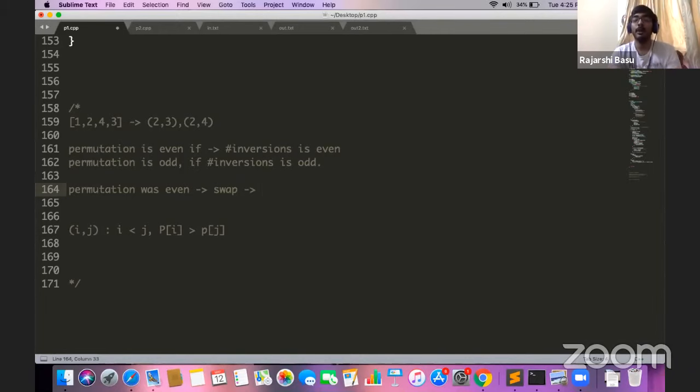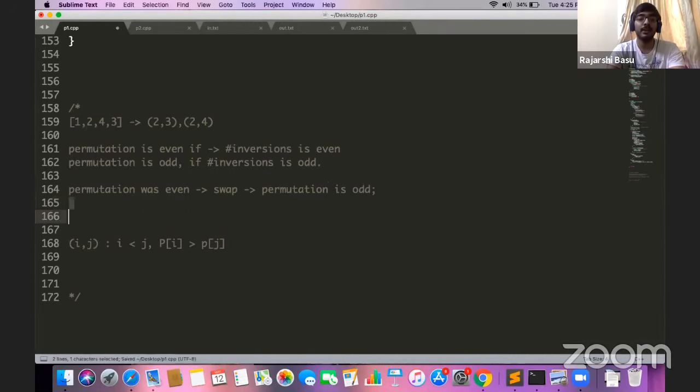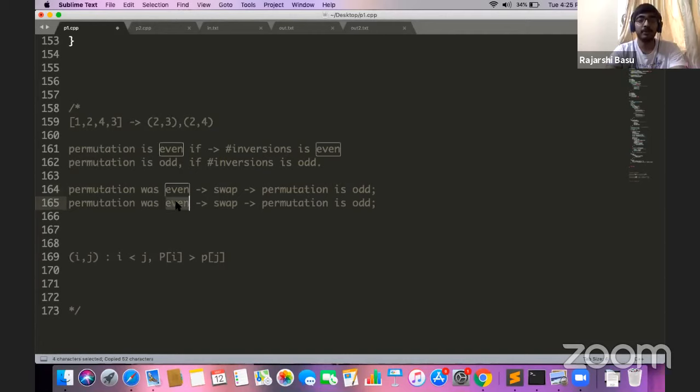Note that I'm not saying how many inversions it will have now. I'm just saying that if it was even first, it will become odd now after one swap. So after one swap it becomes odd, and similarly vice versa. If the permutation was odd, the permutation after a swap will become even.